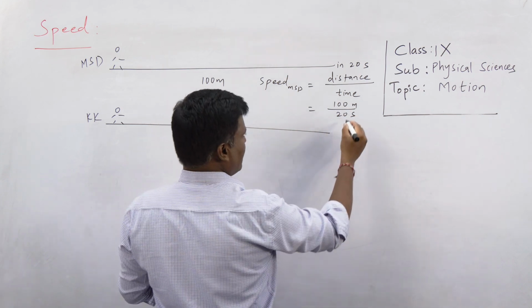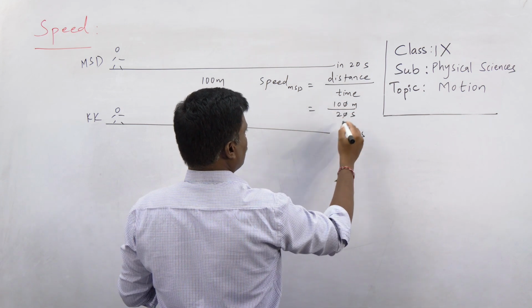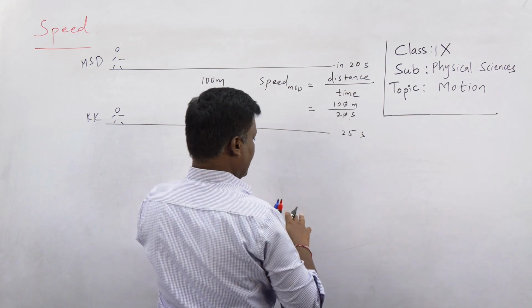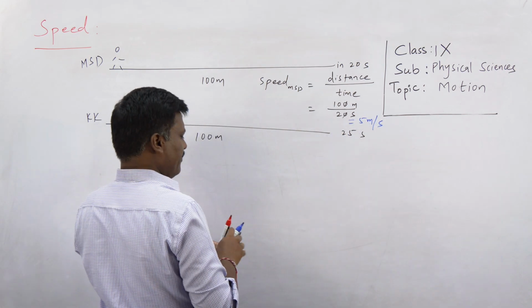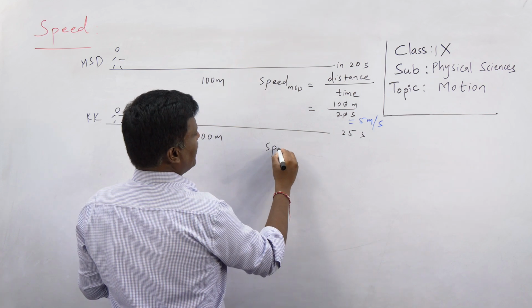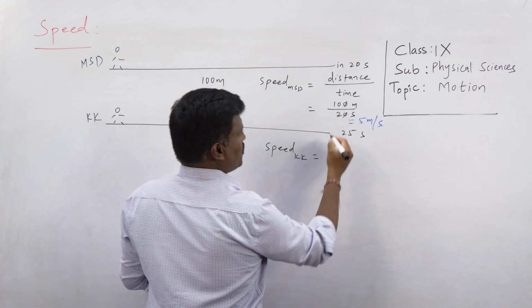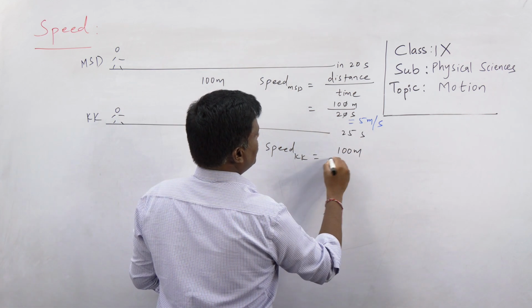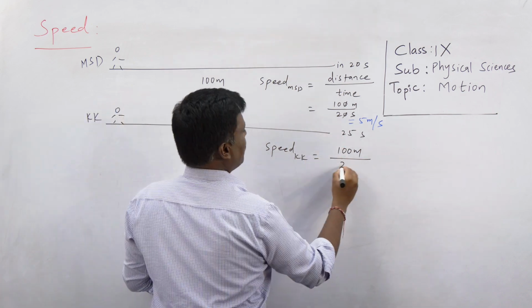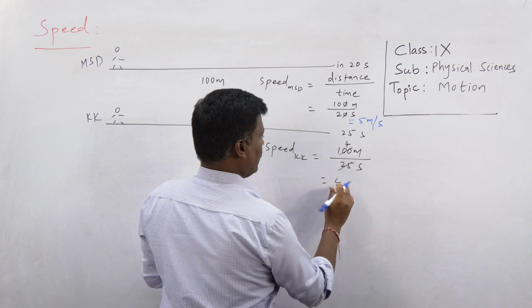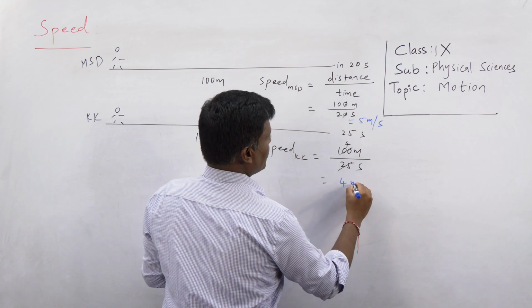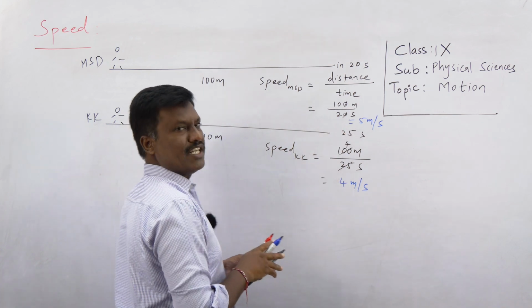If you do the cancellation, 2 ones are 2, 2 fives are 10, and here you will get the answer 5 meters per second. If you do the same, you find the speed of Virat Kohli. Same formula, distance 100 meters by time 25 seconds, 25 fours are 100. So Virat Kohli's speed is 4 meters per second. MSD's speed is 5 meters per second.